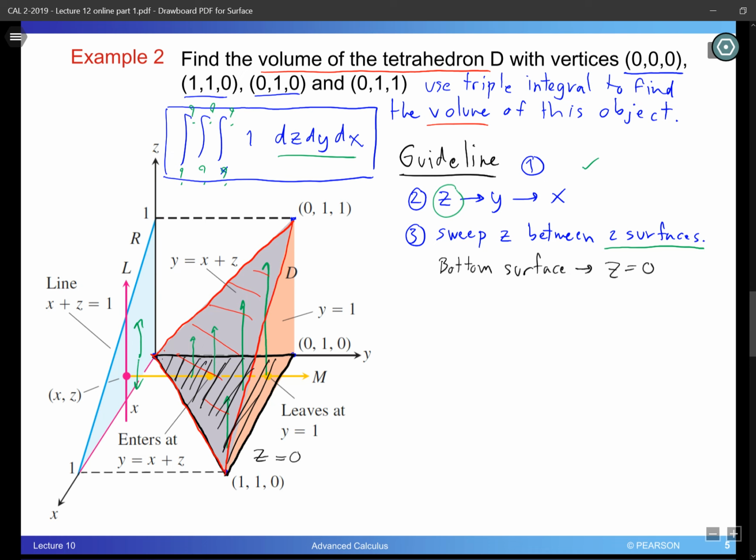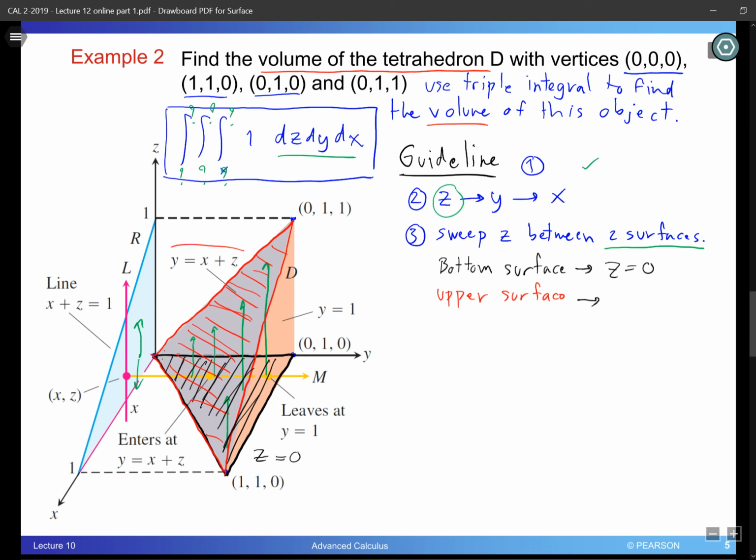Now the upper surface, which is the red surface, the upper plane here. We need to translate this plane into an equation, and it turns out that it's given to you.